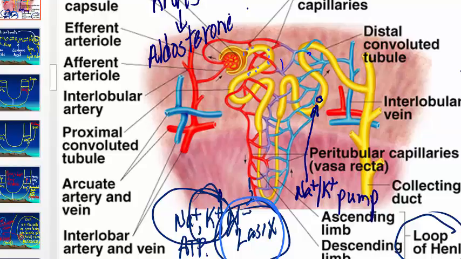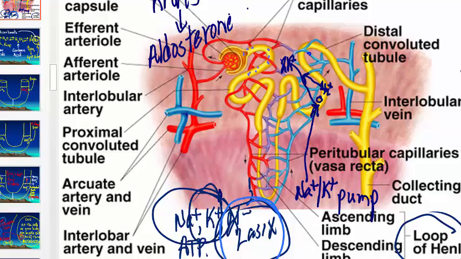It will pump the sodium that was going to get peed into the toilet. It will pump 3 sodiums back into the blood, and 2 potassiums that were in the blood, it will pump into the urine.